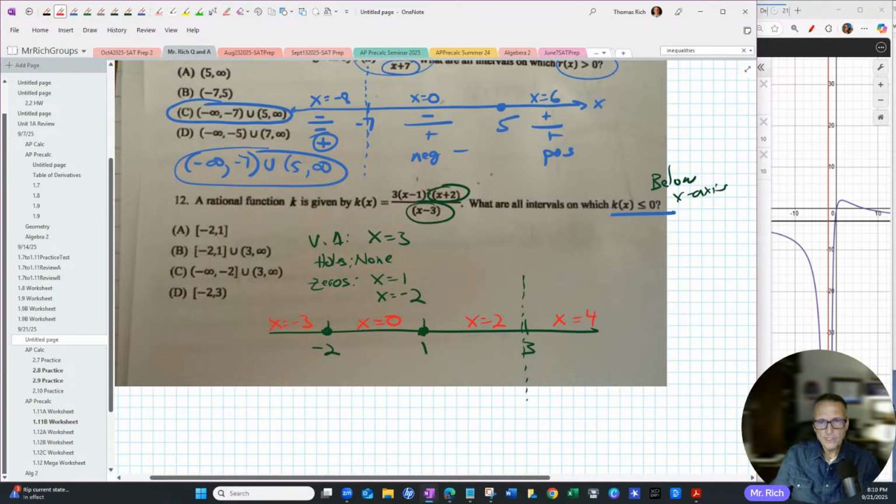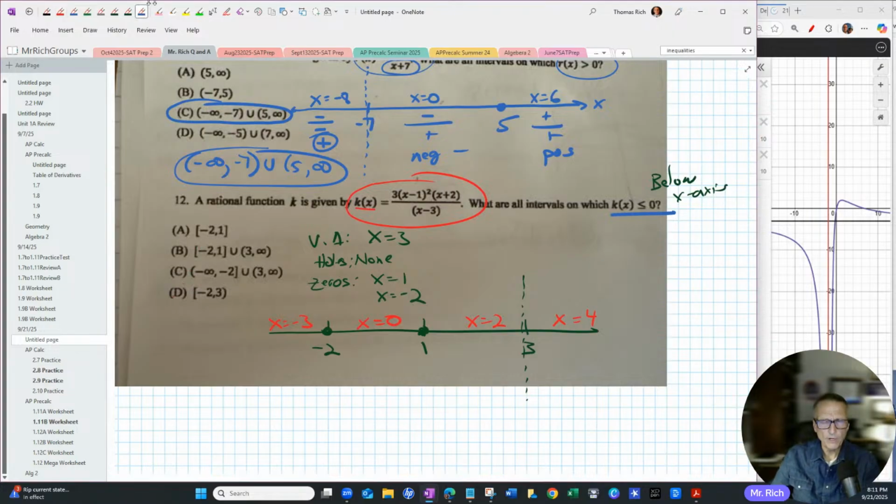Then our job is to come back up to the original function, k of x, and determine when we stick in this test point, for instance, -3, am I going to get a positive or negative for the output of k of x? So what I'll do is go factor by factor. I know I have a positive 3, so I don't need to worry about that.